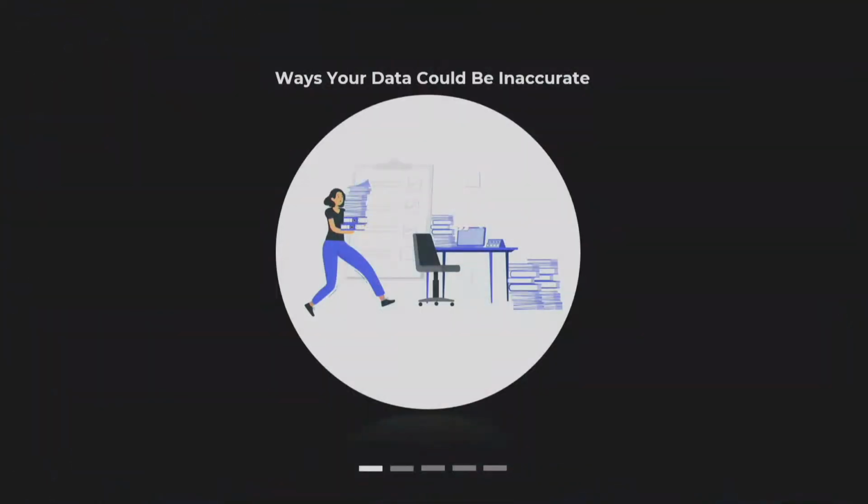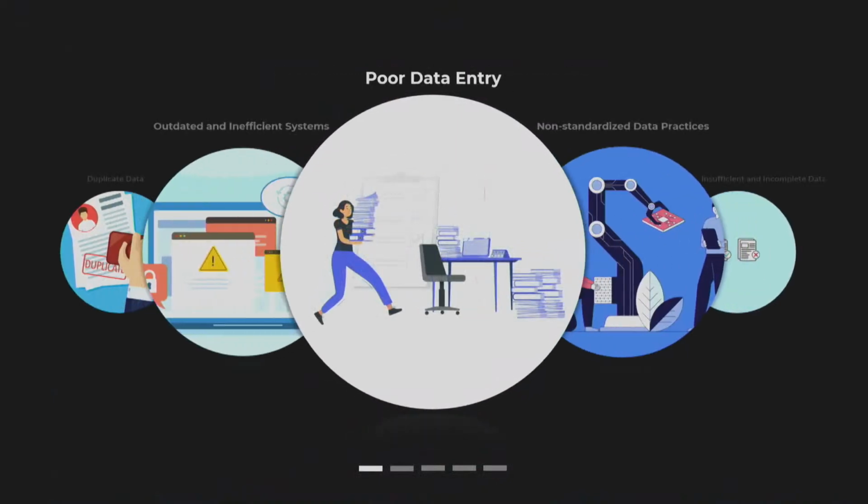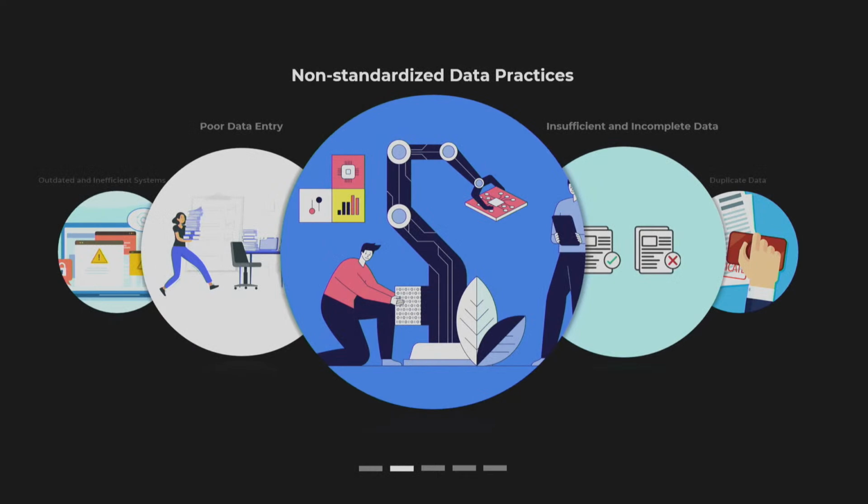What else could be the reason why you have inaccurate data? The first is poor data entry, because we still do not have automated data entry systems. Second is non-standardized practice. When it comes to the clinical side, when you're taking patient data, we do use proformas. Sometimes we don't just stick to proformas, we directly ask the patient and enter the data into the Excel sheet.